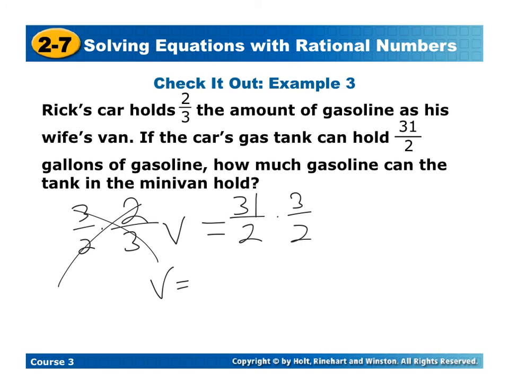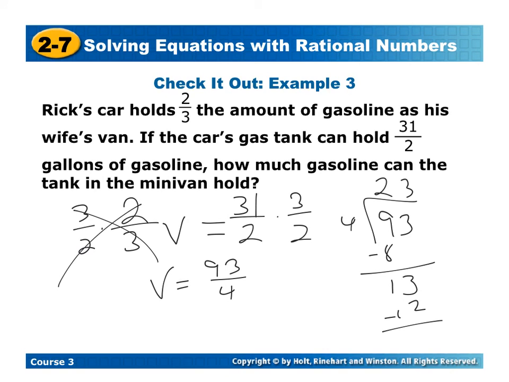So 31 times 3 gives me 93. 2 times 2 is 4. So now if I did 93 divided by 4, I get 23, but there's 1 left over, so 1/4 gallons.